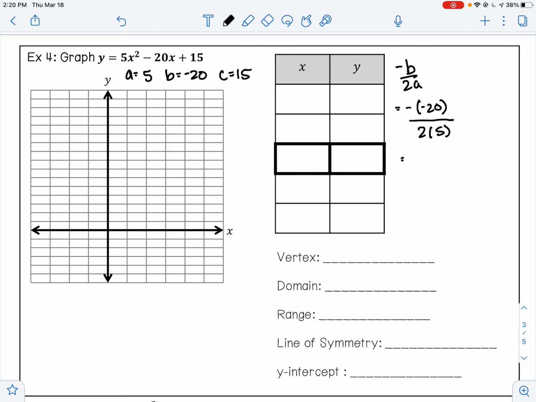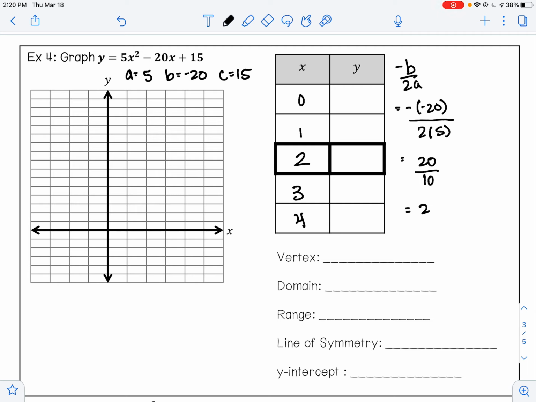Well, minus a negative becomes a positive because a negative times a negative is a positive. And 2 times 5 is 10. 20 divided by 10 is 2. So the x-coordinate of my vertex is 2. Then I'll have 3 and 4, and before that I'll have 1 and 0.